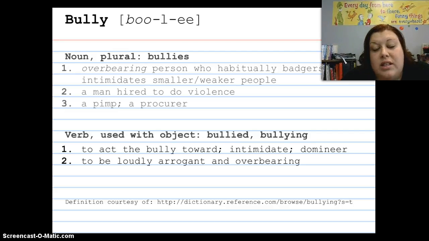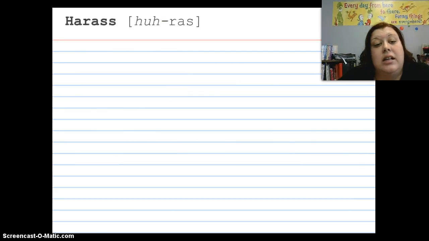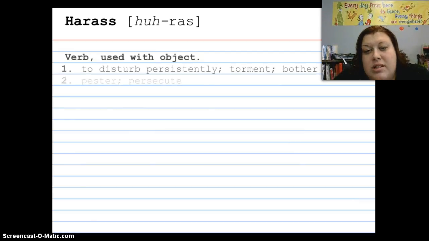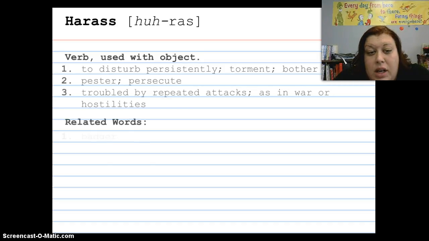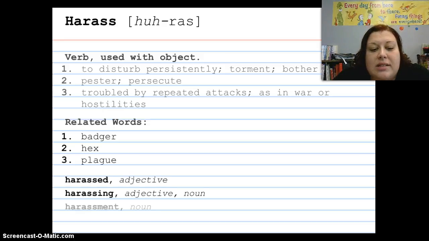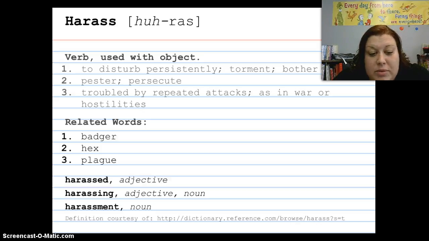Next, we're going to look at the definition of harass. The definition of harass is a verb: to disturb persistently, torment, bother, pester, or persecute; trouble by repeated attacks as in war or hostilities. And then there are some related words: badger, hex, and plague. Harass can also take other forms: harassing and harassment.